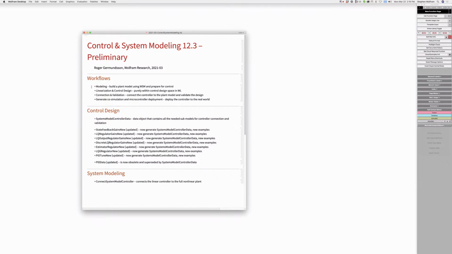Fine. Okay. There are some things you need to do there, but then the typical workflow is that you're going to linearize that model because you're then going to design a controller using linear design techniques. There are non-linear design techniques, but they're much less mature. And the ones that are robust and work well are linear design techniques. So in other words, if your plant stays within the linear regime, you're in good shape.